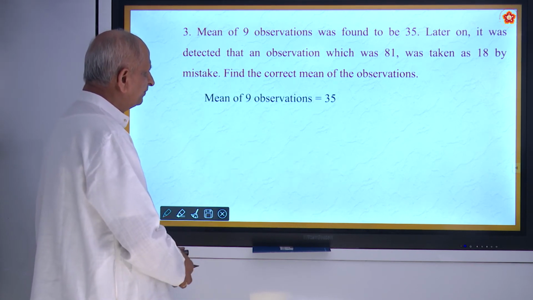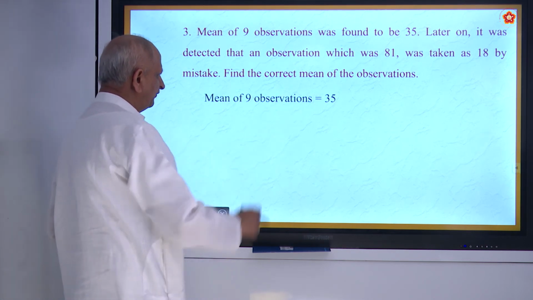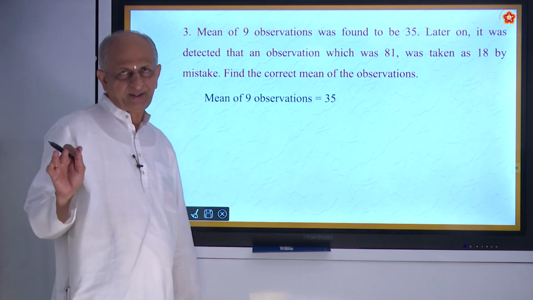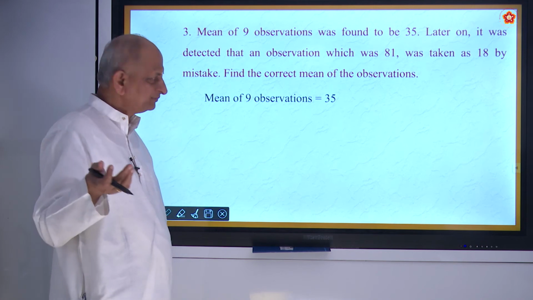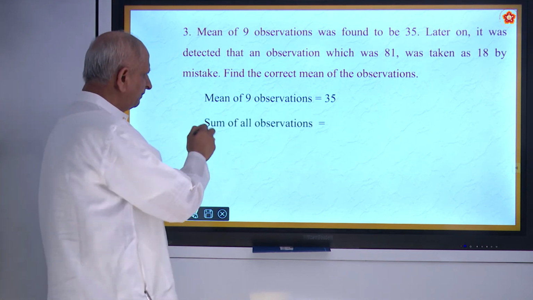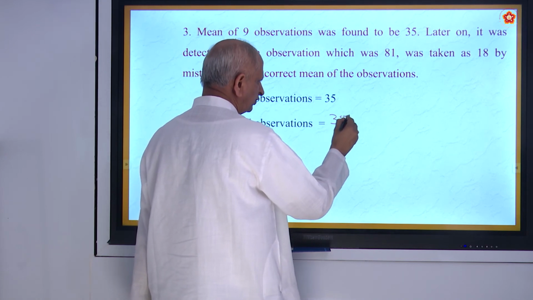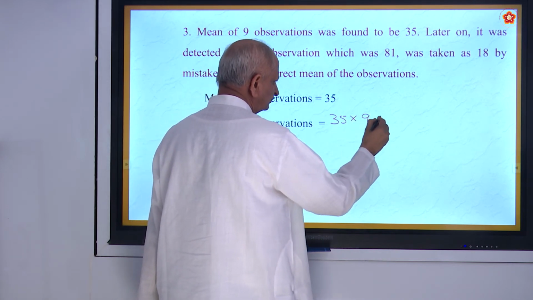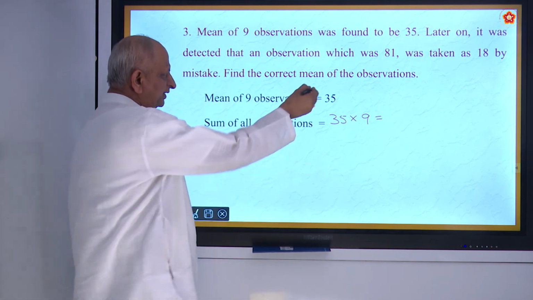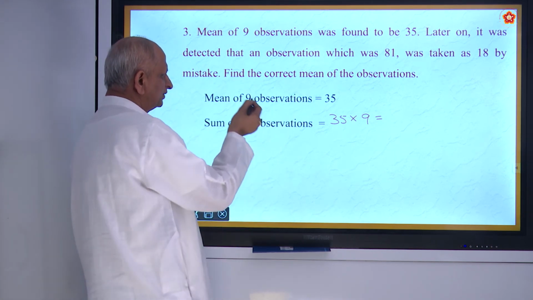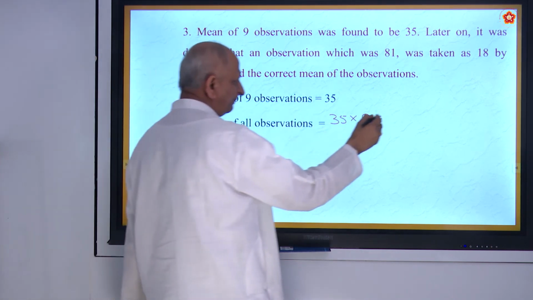So mean of 9 observations is 35. When you know the mean, you can make out total, right? So sum of all observations will be 35 into 9. Mean is 35. There are 9 observations. So multiply.